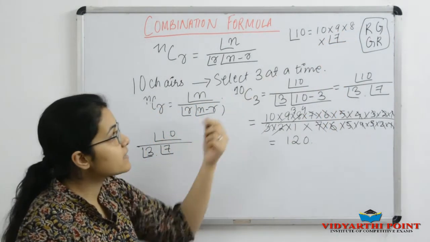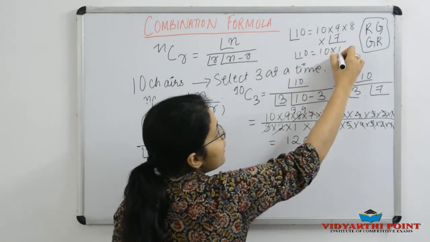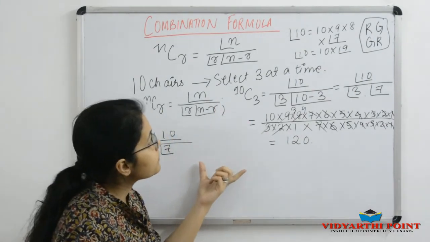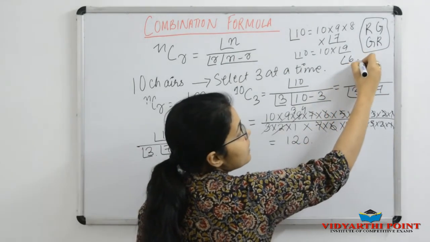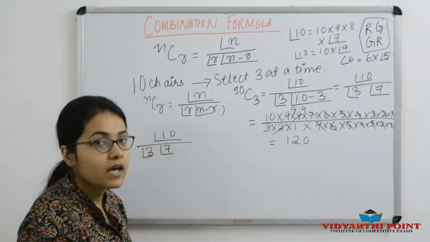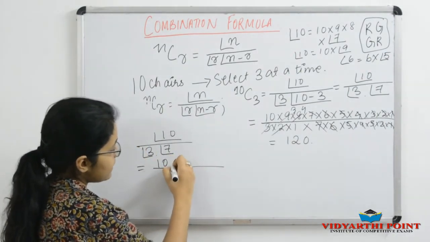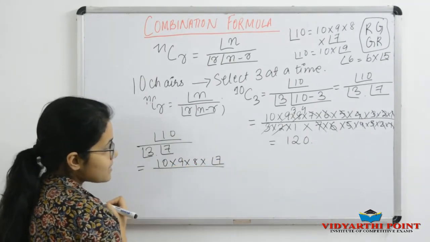We can also write factorial 10 as 10 into factorial 9. In the first time we have explained that factorial 6 was 6 into factorial 5.